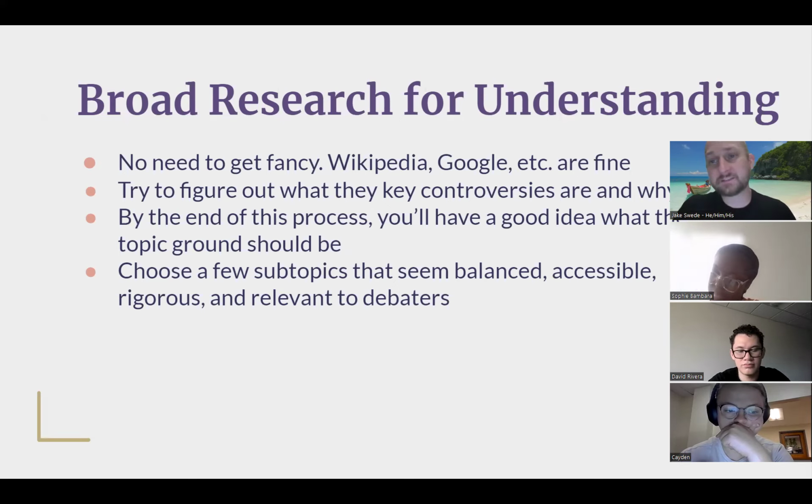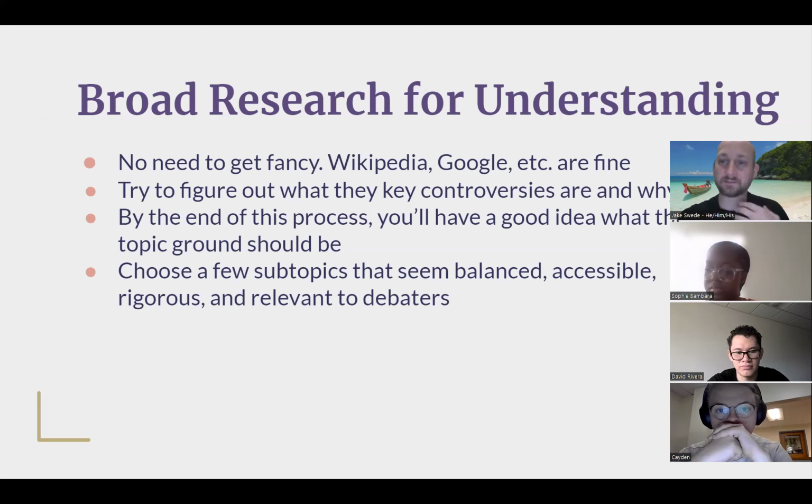So for example, for the high school national topic next year, for our novice packet, we're doing something about basically the New York Times versus the OpenAI case that's currently happening. In researching what the big controversies in intellectual property are and where we wanted to go, which was AI, we found pretty quickly that it's a really big case a lot of people are talking about.